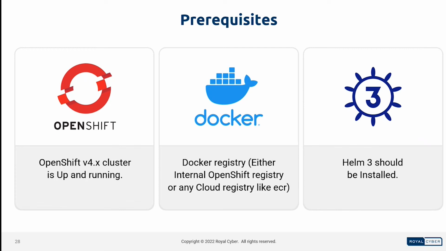Either we may use the internal OpenShift registry or we can use any cloud registry like ECR in Amazon. And next we have Helm 3. So before the deployment, we need to make sure that Helm 3 is installed and works.